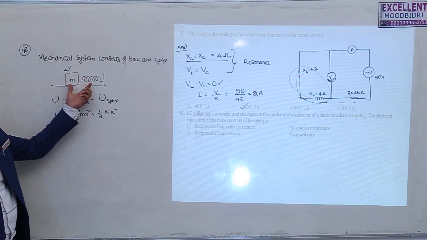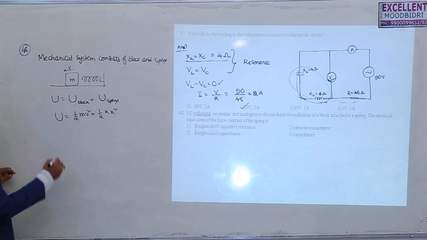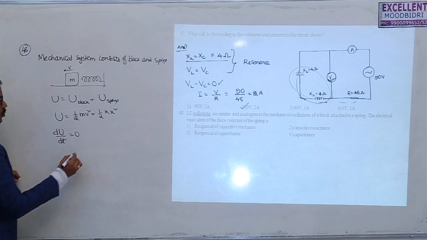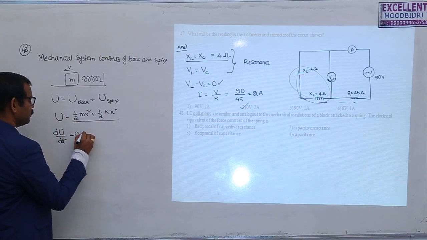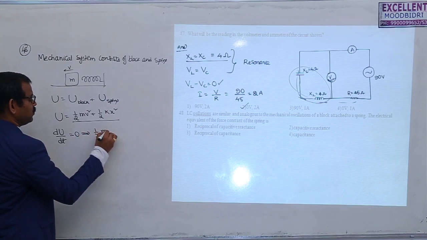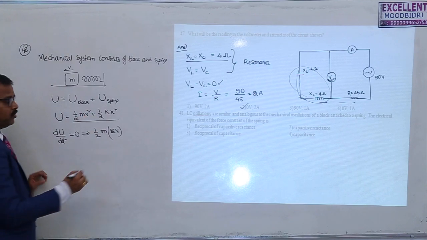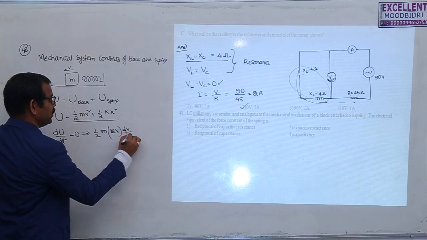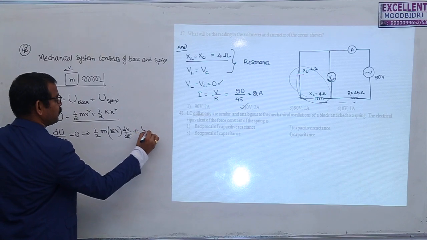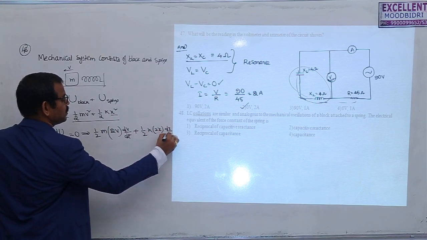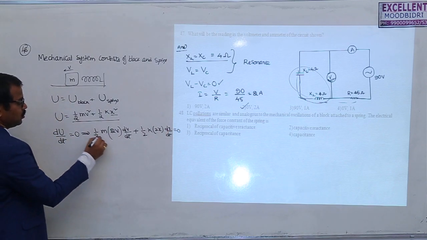But the total energy is always conserved, so dU by dt is always 0. Now differentiating, you get half into m into 2v dv by dt plus half into k into 2x dx by dt must be equal to 0.